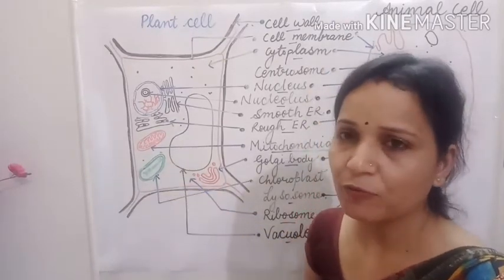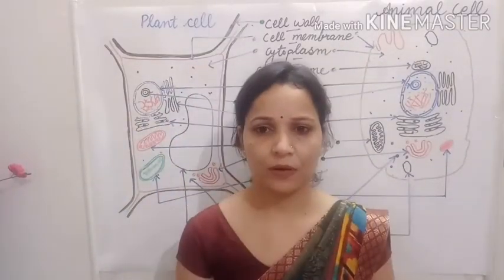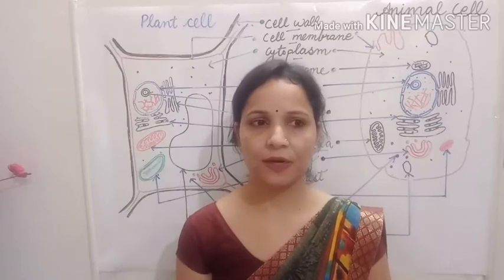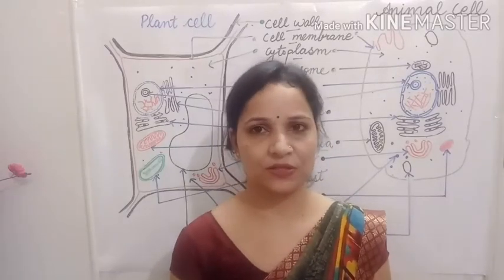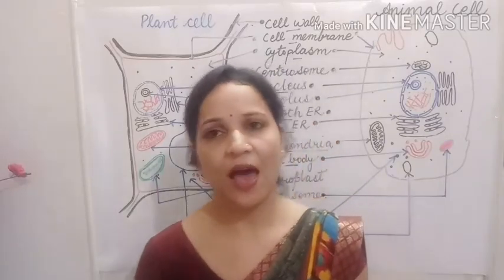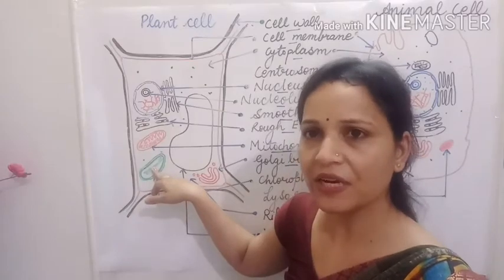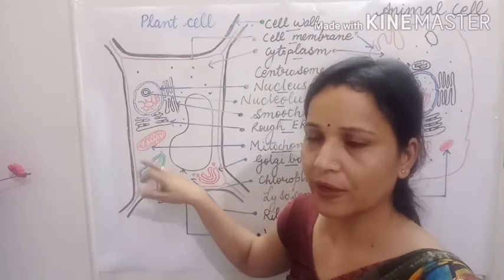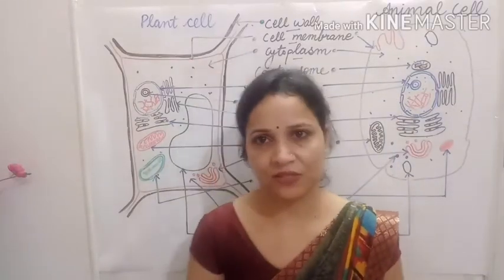So here I would like to tell you three types of plastids. There are three types of plastids: chloroplast, leukoplast, and chromoplast. Chloroplasts have green color pigment, that is chlorophyll, which gives green color to the plant. Leukoplast, this is colorless plastid.